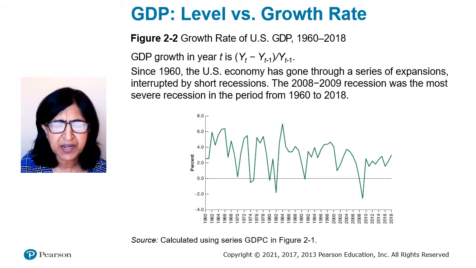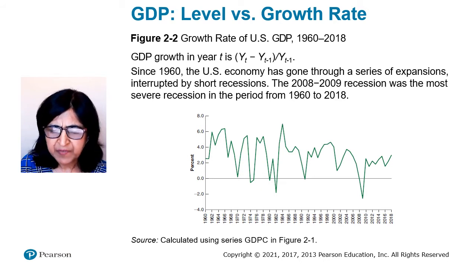Figure 2-2 shows the growth rate of US real GDP from 1960 to 2018. The horizontal axis represents year that ranges from 1960 to 2018 in increments of 2. The vertical axis represents percent that ranges from -4 to 8 in increments of 2.